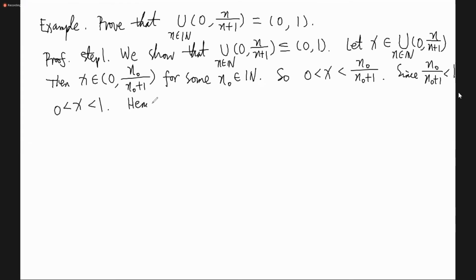Hence, x belongs to (0, 1). Okay, so this finishes the proof of the first step. Now let's look at step 2.